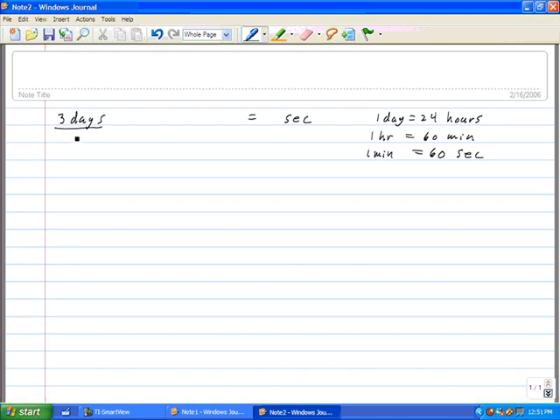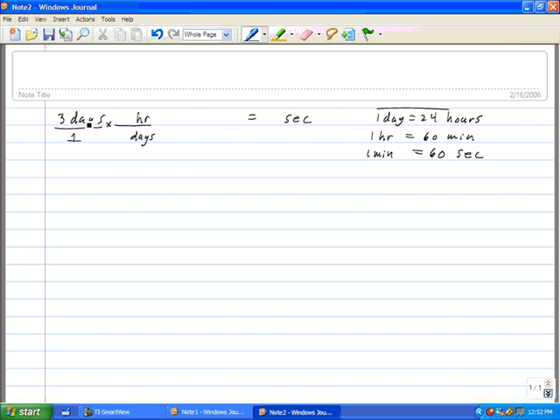Again, I put the original unit over a 1, so it looks like a fraction. We set up to multiply. Since days is in the numerator here, to be able to cancel it out, I have to put it in the denominator there. And the unit that we can go to, we see from this first equivalency, the unit that we can go to now is hours.